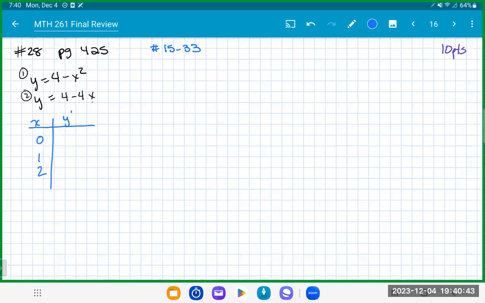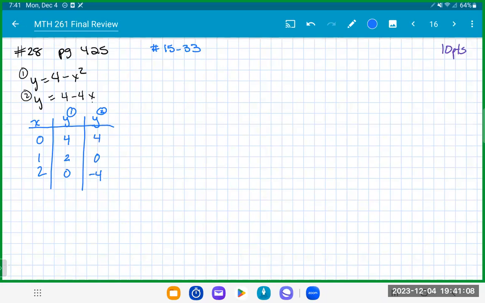What is y for our first equation, and what is y for our second equation? When we plug those in, for the first equation we get 4, 3, and 0, and for the second equation we get 4, 0, -4.